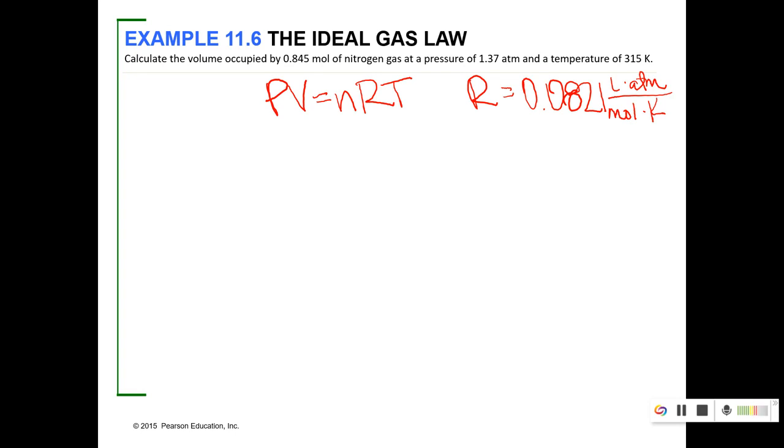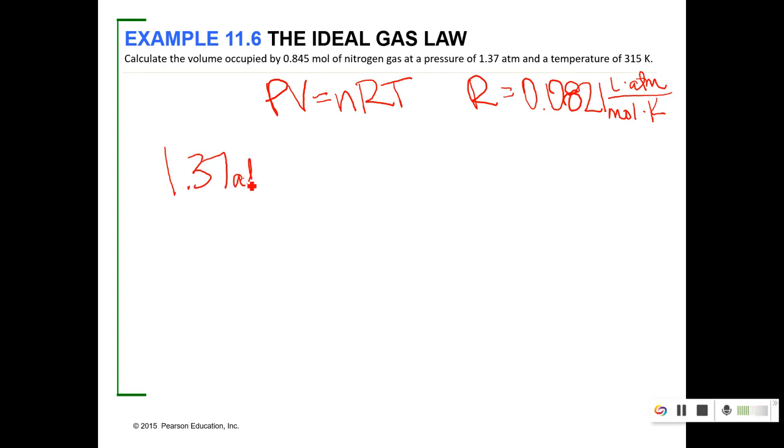We solve for the missing piece. The way we know it's this one instead of the combined gas law or one of the other gas laws is because there's only one of each thing. I've got 1 mole, I've got 1 pressure, I've got 1 Kelvin. That's how I know I can't use the ones with 2 of the same type because then it doesn't work.